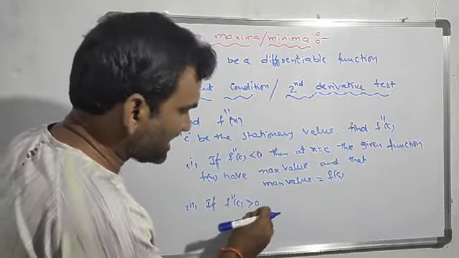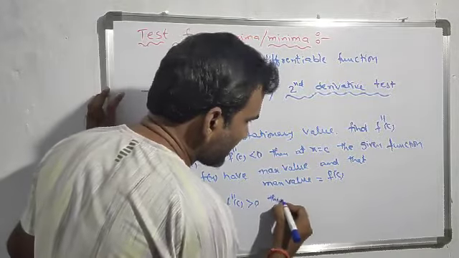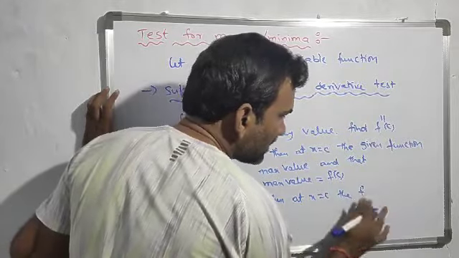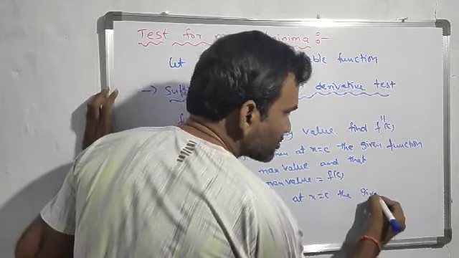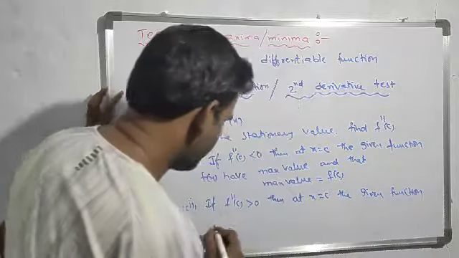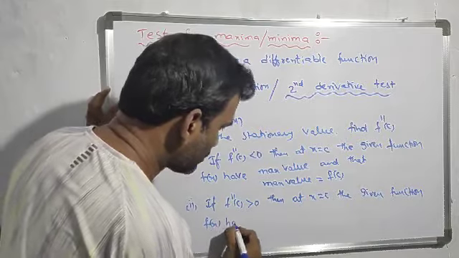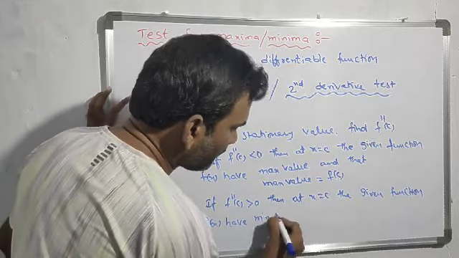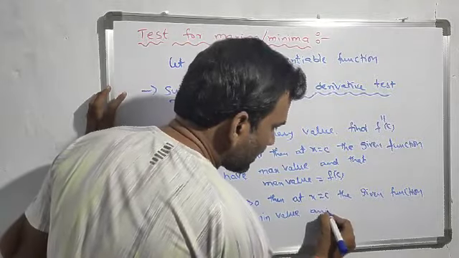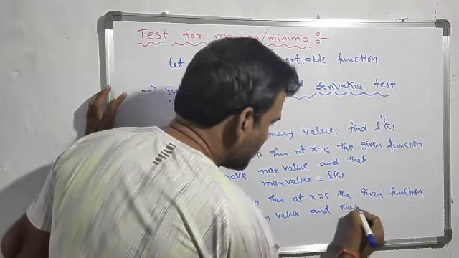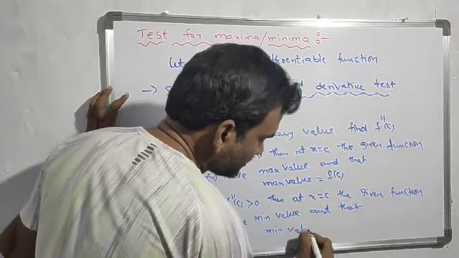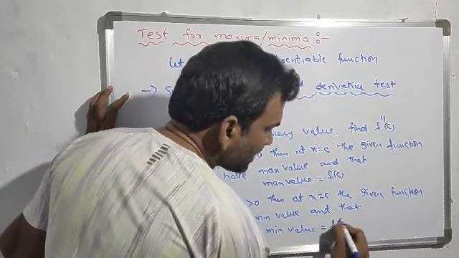If f double dash of c is greater than 0, then we can write that at x equal to c, the given function f of x has a minimum value, and that minimum value is, what is that? F of c.